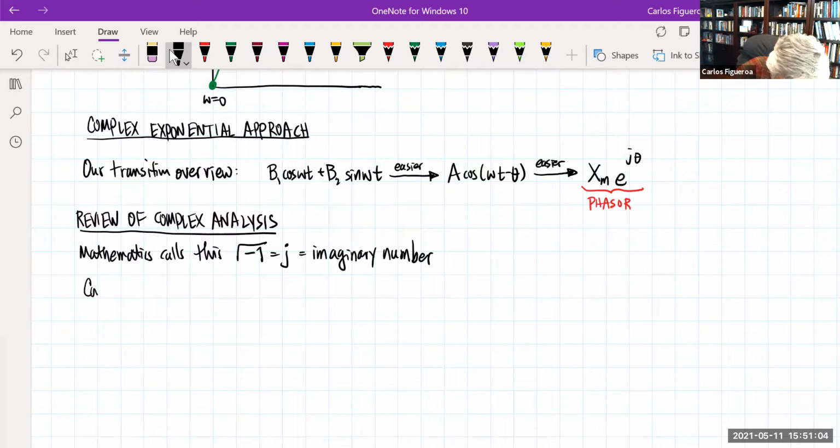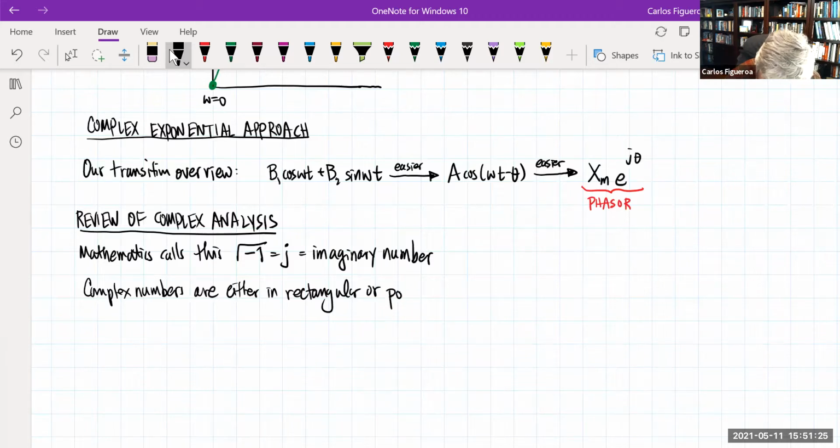So I need to talk about complex numbers. Complex numbers are either in rectangular or polar form. What are we most interested in? Polar form. Why? Because look at the phasor.